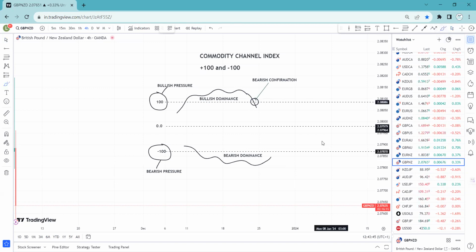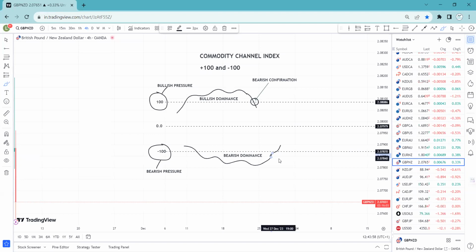Now, again, for the bearish dominance, the point at which the bears begin to move from below to above the negative 100 gives us what we call a confirmation point, telling us that the bears are no longer willing to continue to dominate this market.